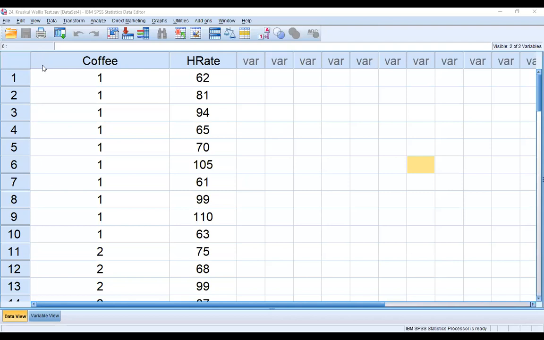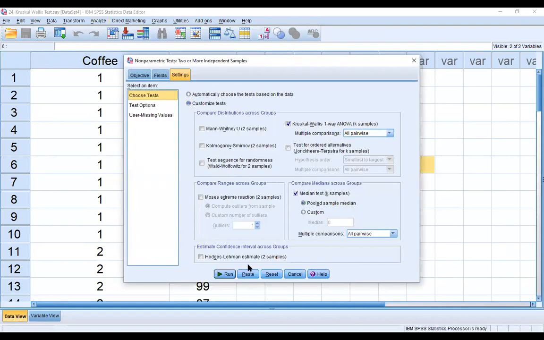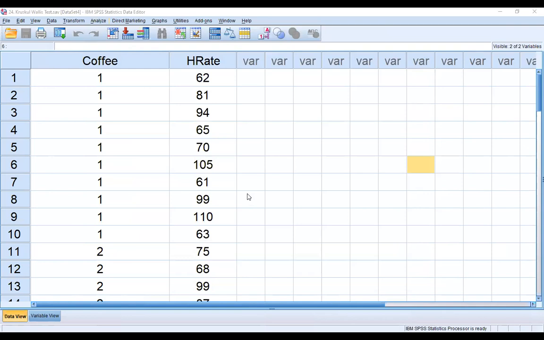Okay, now you can see it. Now I am showing you the result of this analysis: non-parametric test, independent sample t test, and Kruskal-Wallis test, and run. After that I am showing you the result.